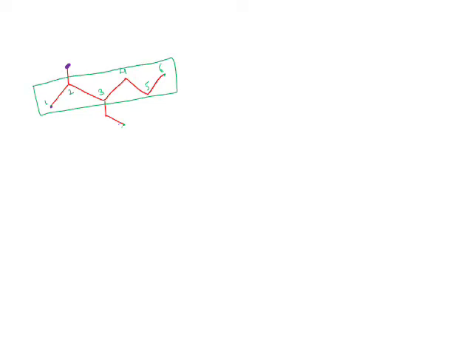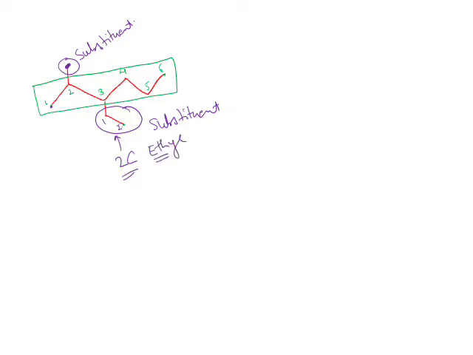So this is our parent chain with 6 carbons, and then these are our substituents. Right? So this substituent has 2 carbons. This is 1, this is 2. So you have a 2 carbon substituent, means 2 carbon is eth, and because this is a substituent, it is YL. 1 carbon is meth, and this is methyl.